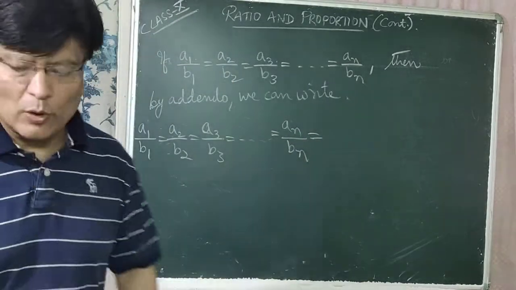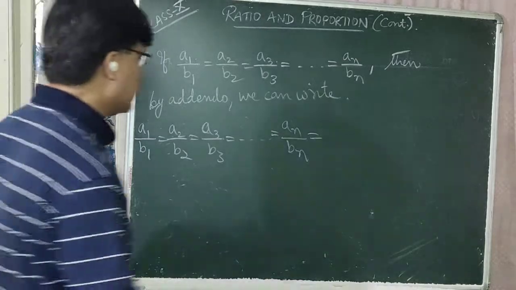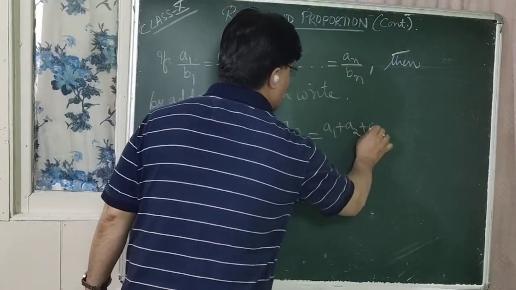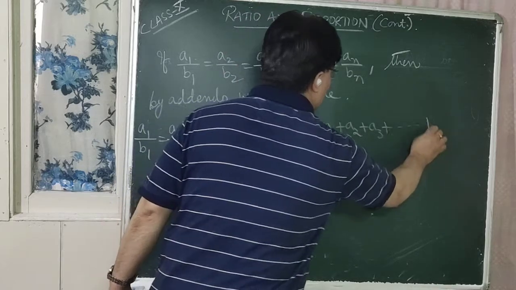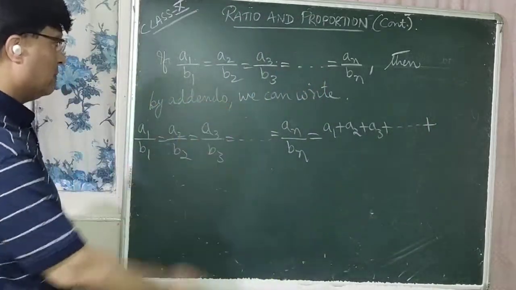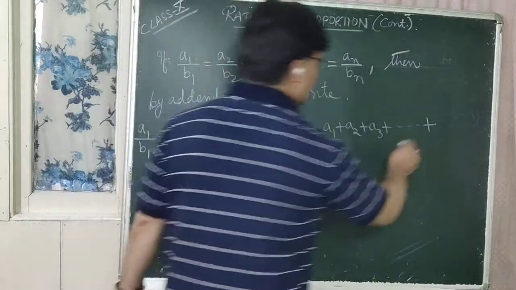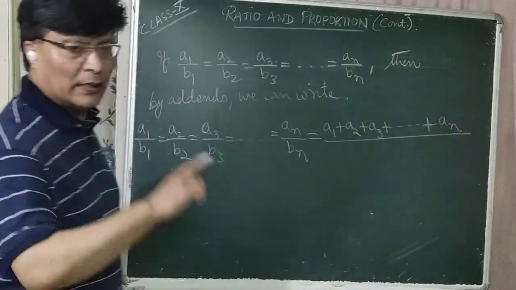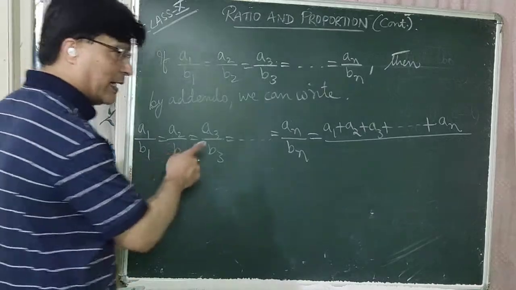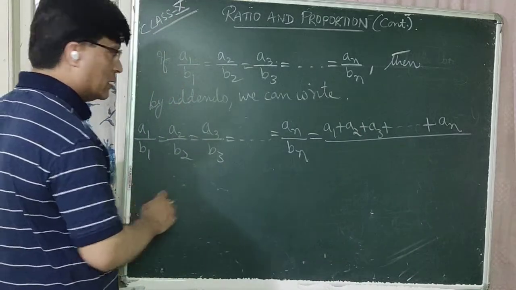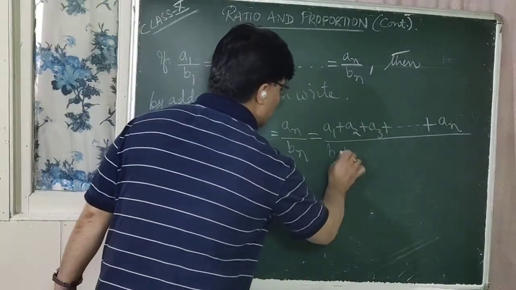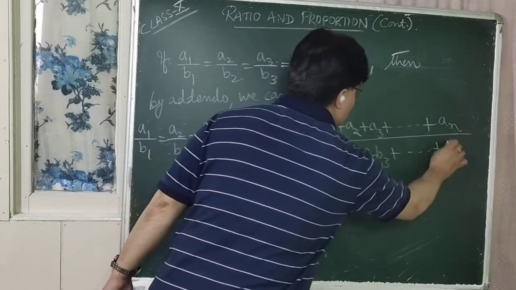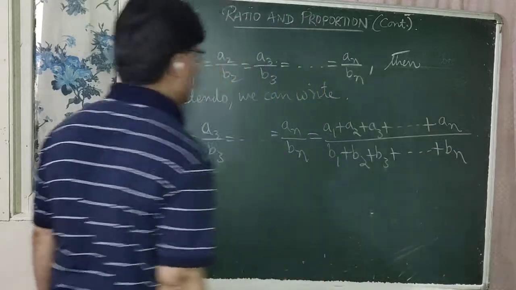That means you can add all the numerators out there. That is, you can write A1 plus A2 plus A3 plus and so on. You can add all these terms in the numerator, divided by. In the denominator also you can add all those B's out here. That is B1 plus B2 plus B3 plus and so on, that is your BN.